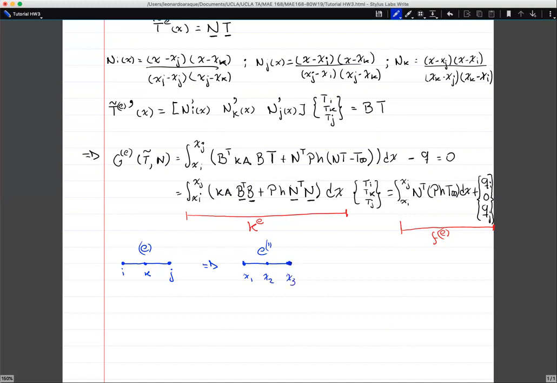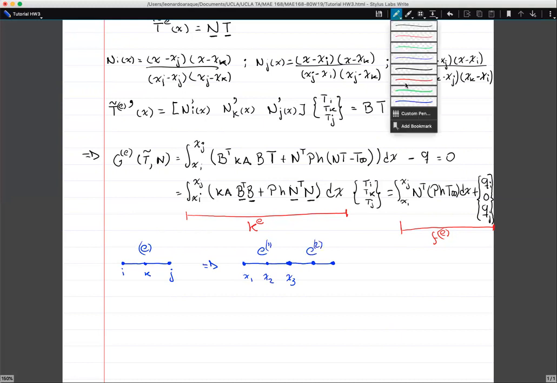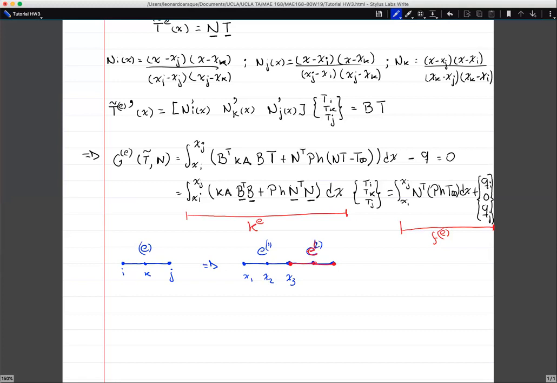And our second element is connected at nodes x4 and x5. So x3 is repeated, right? It's a common node between the 2 elements.